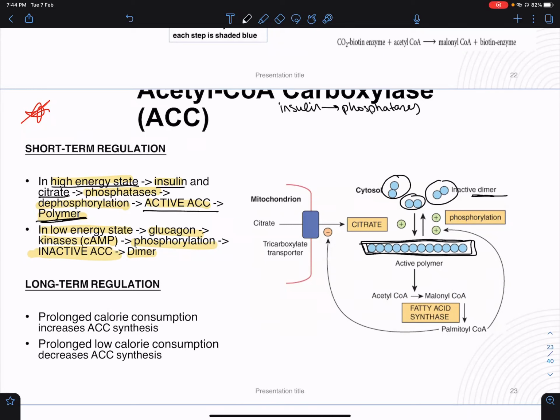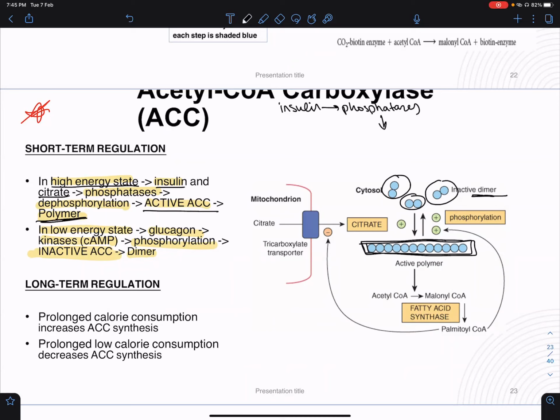Now, in the high energy state, which means in the fed state, which is when fatty acid synthesis is taking place, we have the release of insulin, right? So if you have insulin, what's activated? Phosphatases or kinases? Phosphatases. Exactly. So what do phosphatases do? They dephosphorylate.